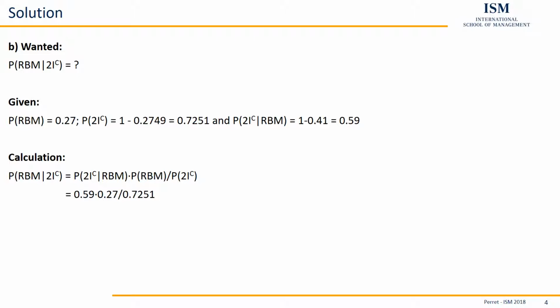If we enter this into our calculators, they give us as a result 21.97%. So if I meet someone who has done 2 or less internships, there's a chance of 21.97% that he studies RBM. And this is then the answer for part B.